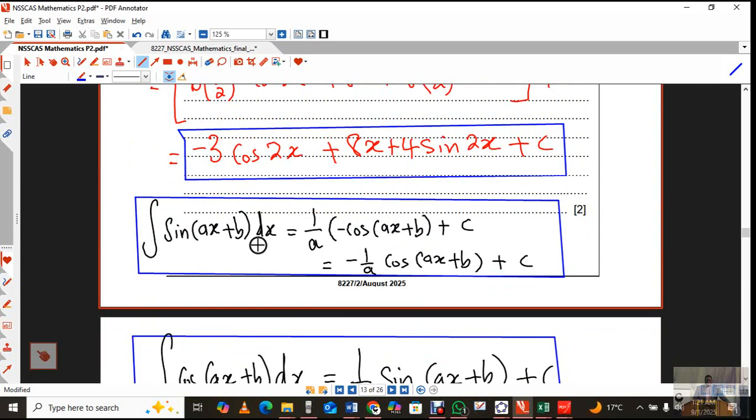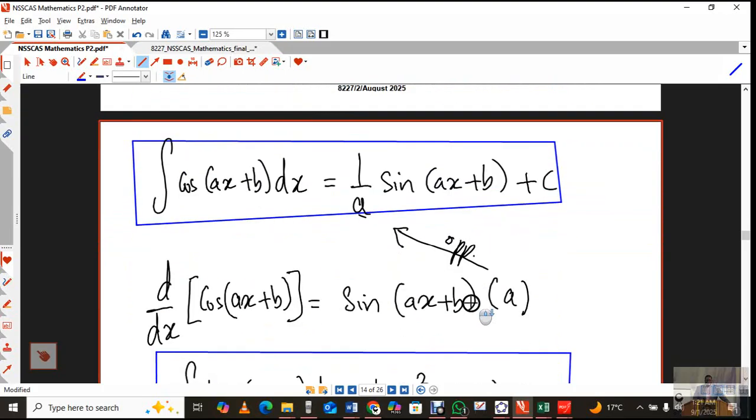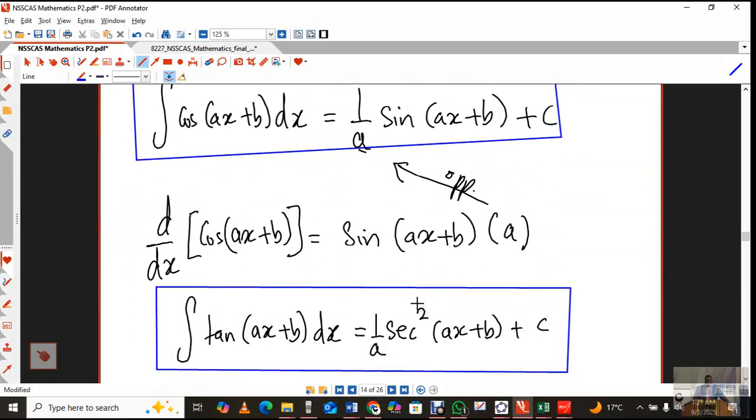The sine of ax plus b, yes, that's a minus 1 over a cos of ax plus b, plus c. Where's the next one? The cosine of ax plus b is the same, 1 over a sine ax plus b. Good, you see, we are getting there. Then you have the tangent, obviously, and the tangent one, right?